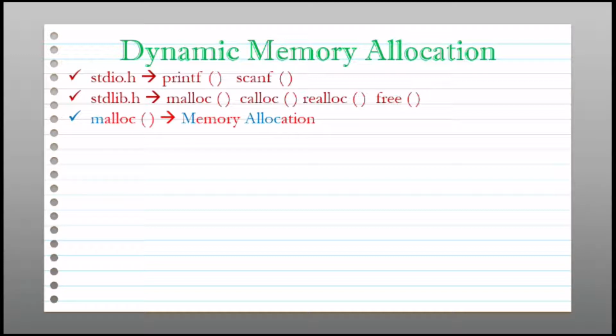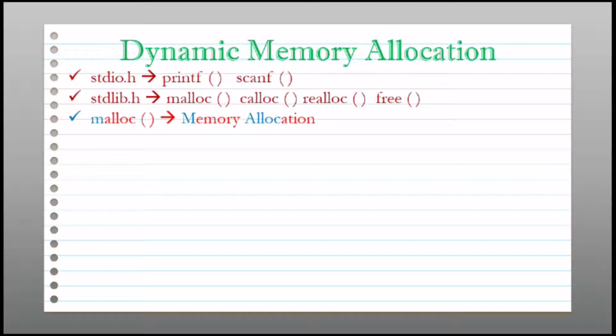As the name suggests, M stands for memory and alloc stands for allocation, that is memory allocation. This function is used to allocate memory dynamically, that is at the time of program execution when the required memory is not fixed.